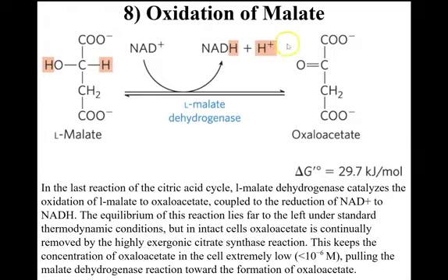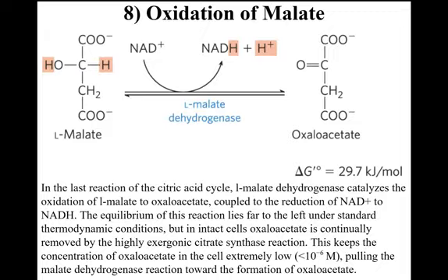This finally produces the oxaloacetate that you've seen in the first step, and begins the process of the citric acid cycle all over again, reacting with acetyl coenzyme A.